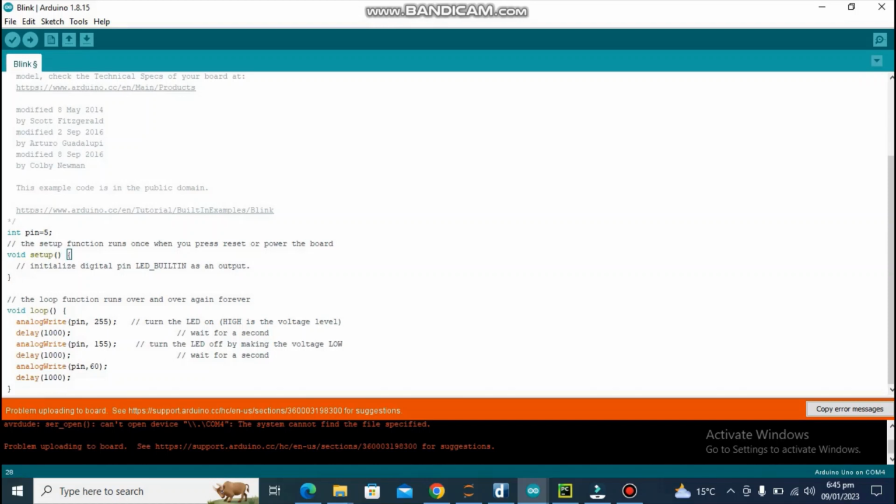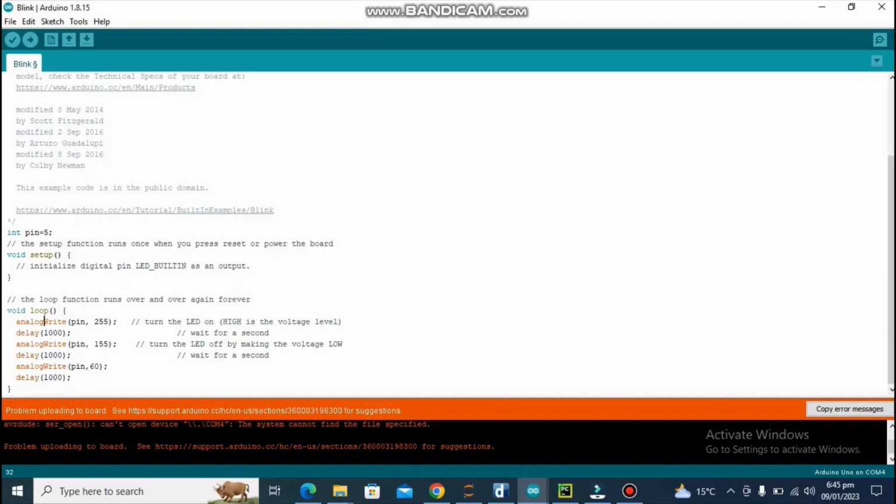Now coming to the loop part, we use command analog write. Now remember, in case of blink, we used digital write, but here we are using analog write. This is because we are using the pulse width modulation pin, and in the case of blinking of LED, we used a digital output pin. So there is a slight difference between these two pins.